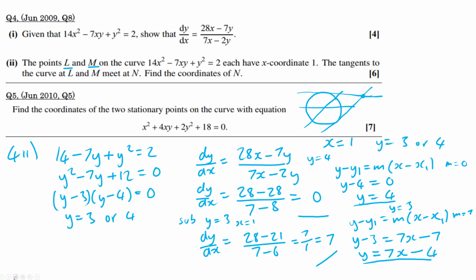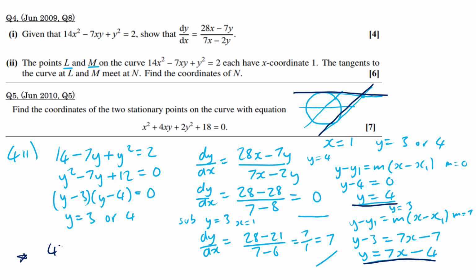When those two lines meet, they have to equal each other. Remember these lines are meeting, so imagine if that line is like this and this line is this, that means these lines are equal. So the line y equals 4 and this line are going to equal each other. So you're going to set this 4 into this. I'm going to write that here.